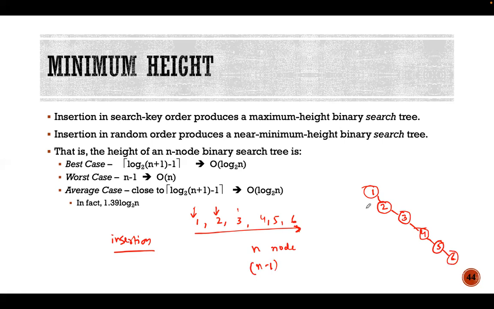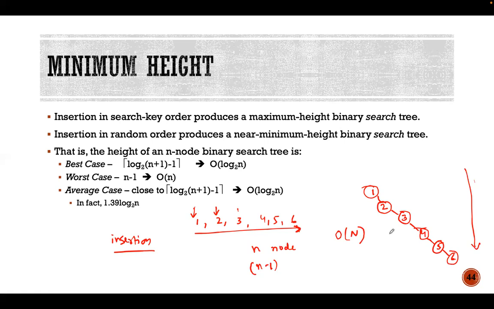So in this tree, if we try to find a node, as the height is about the same as the number of nodes, in the worst case the number of comparisons for finding or insertion is the same as the number of nodes, which is linear time.